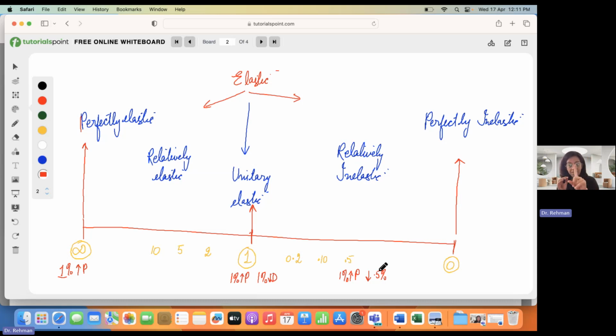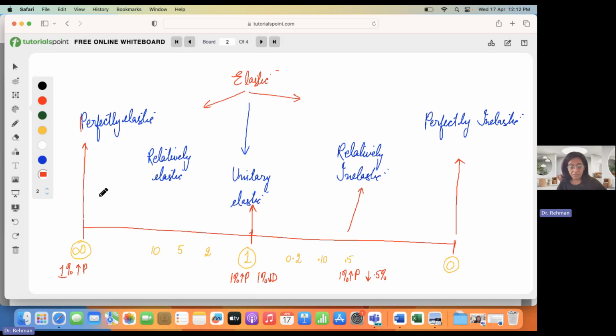So price was 1%, the drop is only 0.5%. Yes, the demand is responding, but towards inelastic. So we call these kinds of demands relatively inelastic. That demand is responding, but slower than the price.